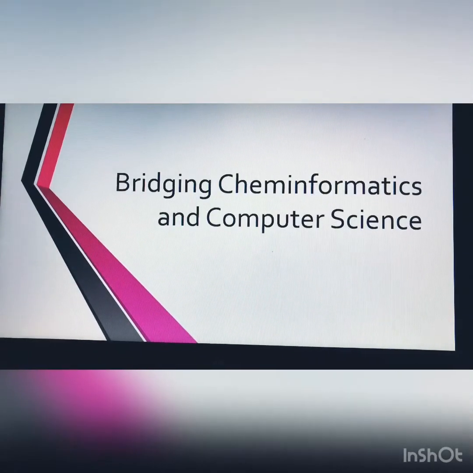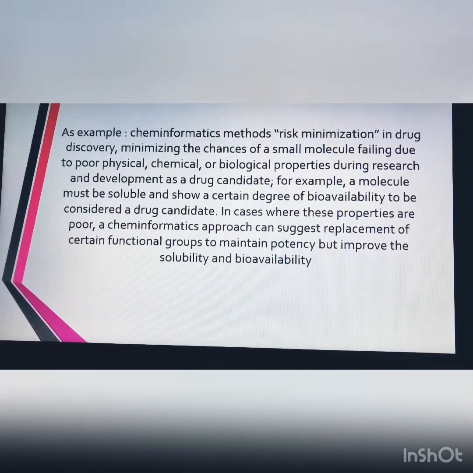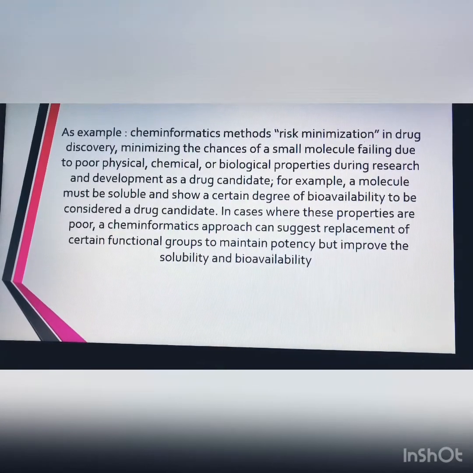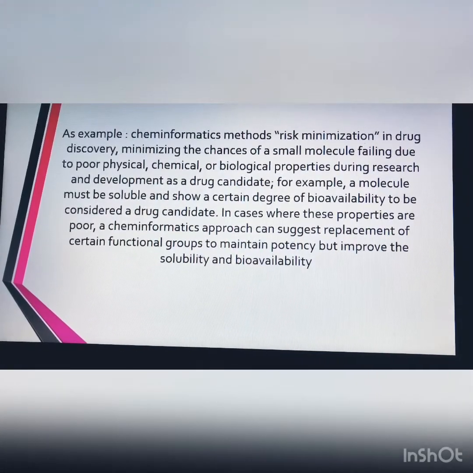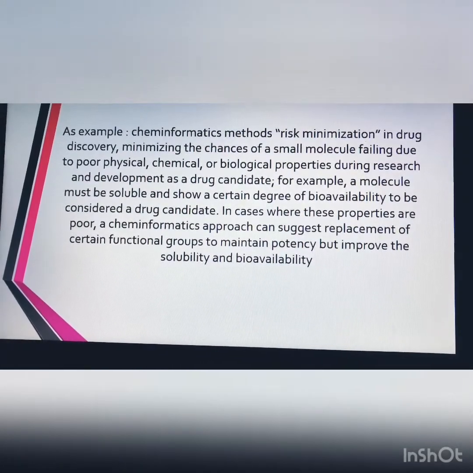Bridging Cheminformatics and computer science. As an example, Cheminformatics methods minimize risk in drug discovery, which means they minimize the chances of a small molecule failing due to poor physical, chemical, or biological properties during research and development as a drug candidate.